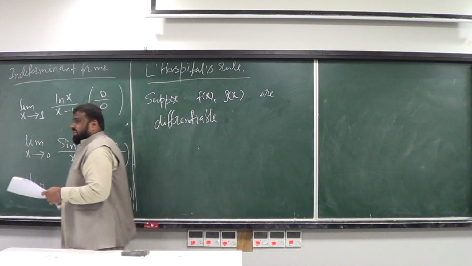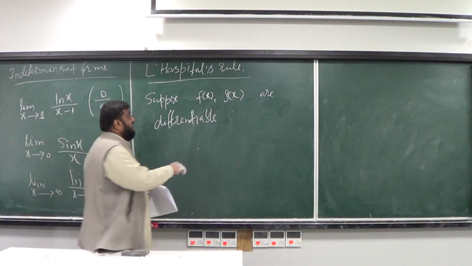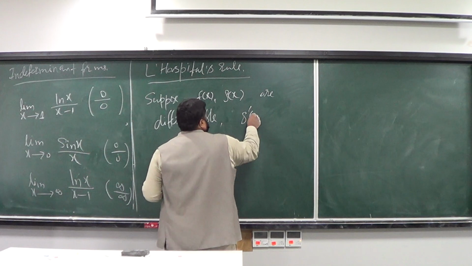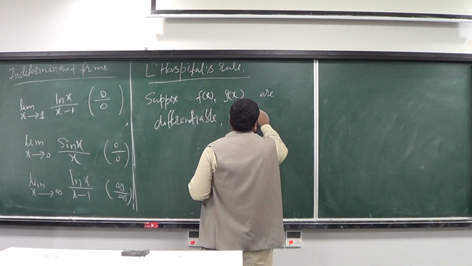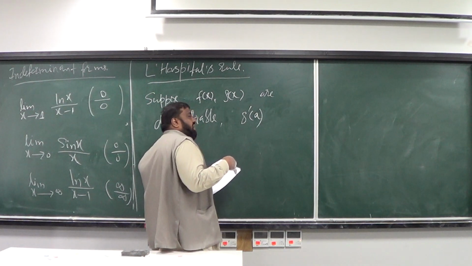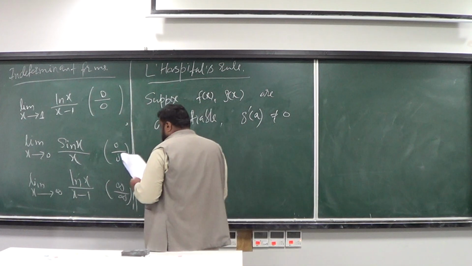So these are two differentiable functions whose derivatives you can calculate. And in addition, you say that g prime of a, where a is the point at which we will compute our limit, is not equal to 0. So 0 is not allowed in the denominator.